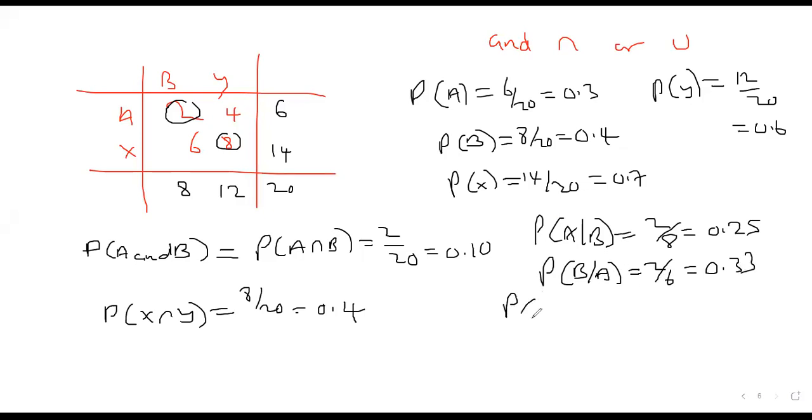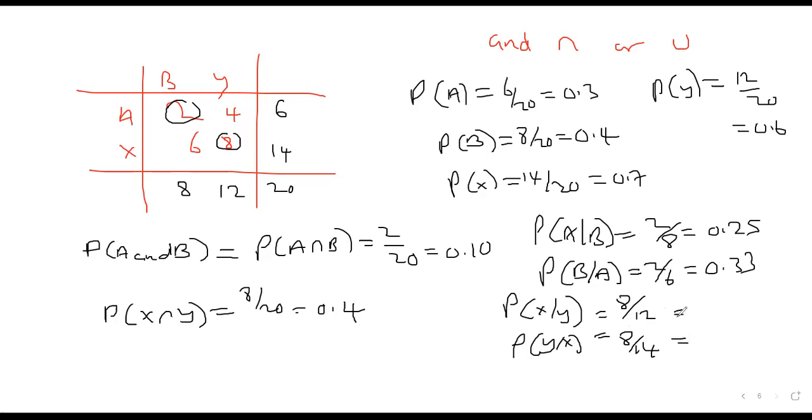So try to give me what is the probability of X given Y? Probability of Y given X. X given Y is 8/12, whereas Y given X is 8/14.